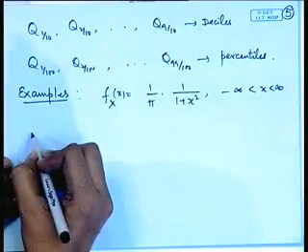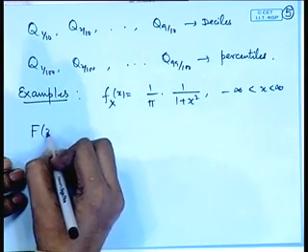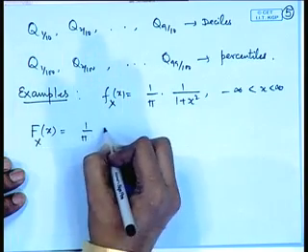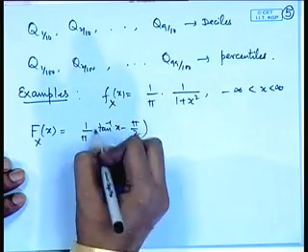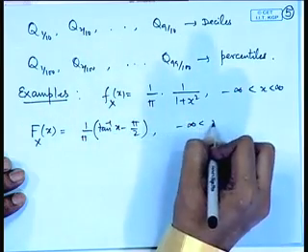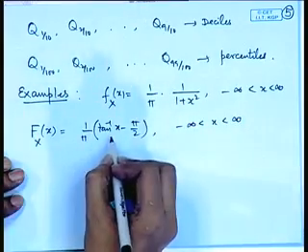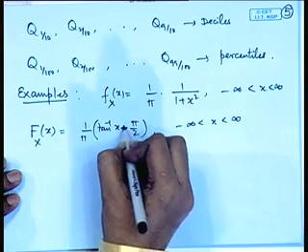However, if we look at F(x), then it is equal to 1 by pi tan inverse x plus pi by 2.